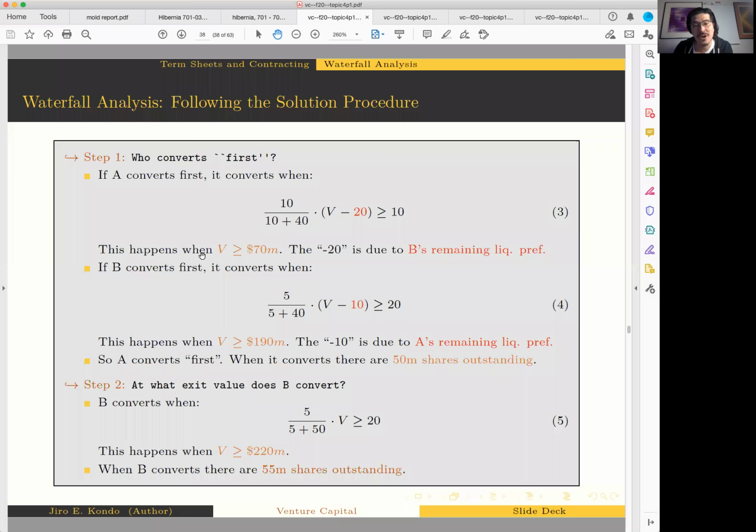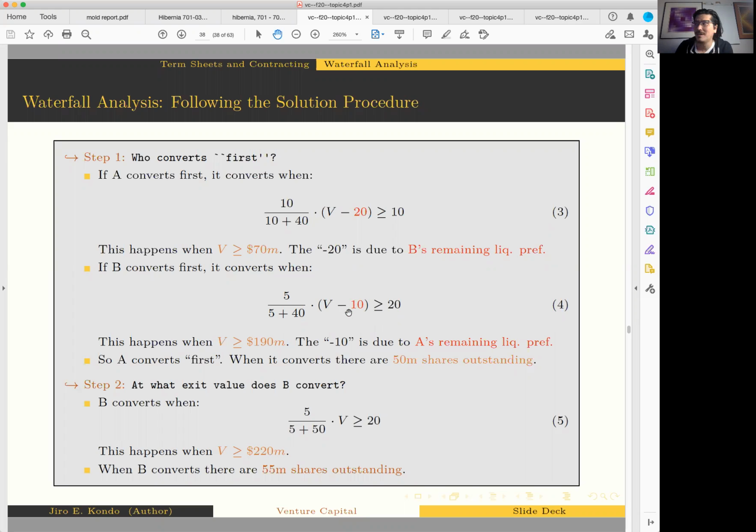Now let's ask the other hypothetical question. The other hypothetical question is, well, if instead B goes first, what happens when they go first? They now get 5 million shares. So they own 5 out of now 45 million shares. So they get this percentage, that's 1/9, of V minus 10.